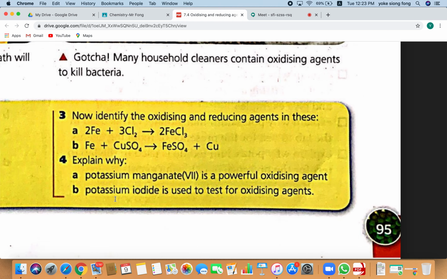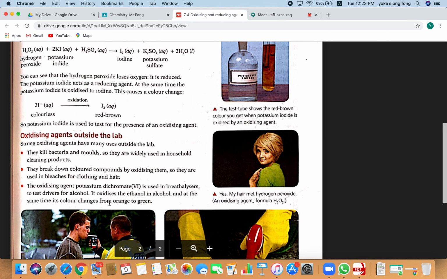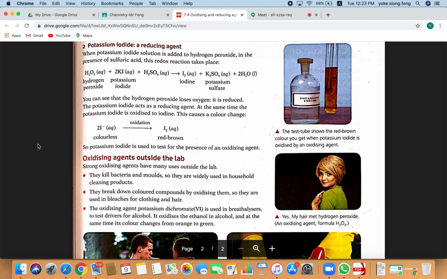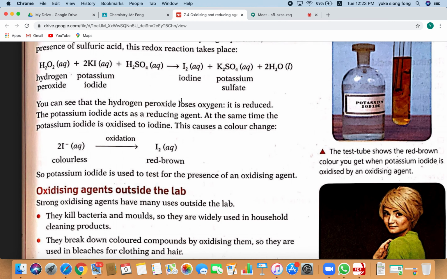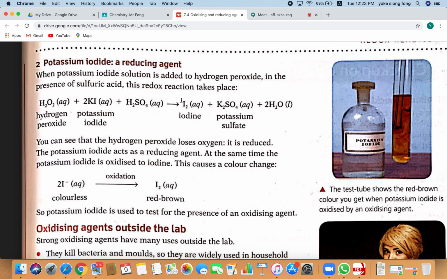Look at the textbook here. Potassium iodide is a reducing agent. Example: when potassium iodide solution is added to hydrogen peroxide, the H2O2, in the presence of sulfuric acid, this is a redox reaction. The main point is to look at the potassium iodide.